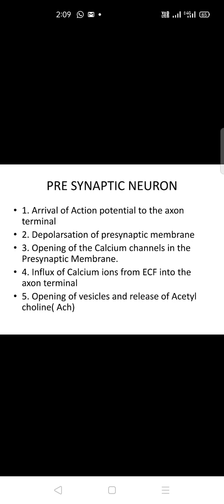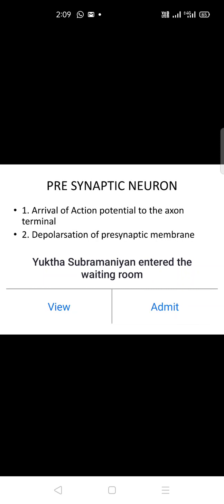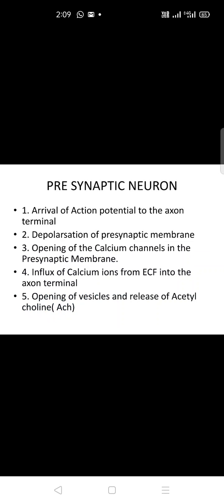Then the opening of calcium channels in the presynaptic membrane. After the calcium channels are open, calcium enters from extracellular fluid into the axon terminal. See, the calcium from ECF is entering the presynaptic terminal for helping the release of neurotransmitter.